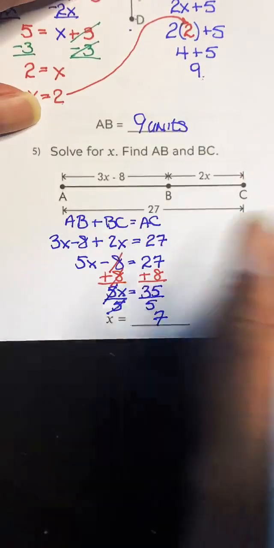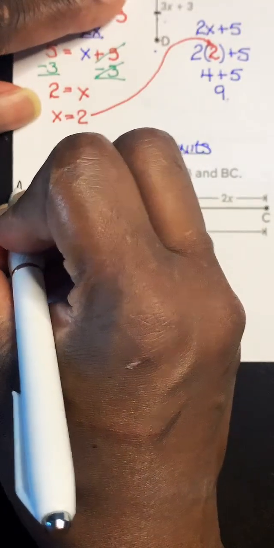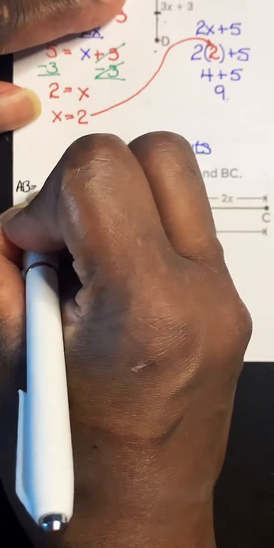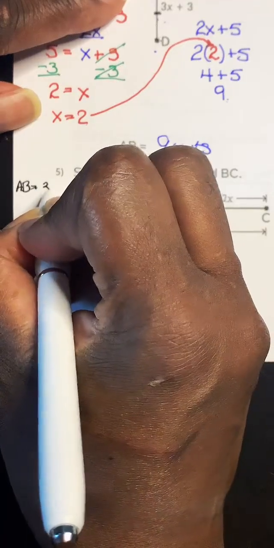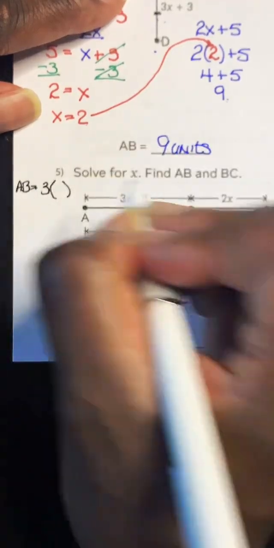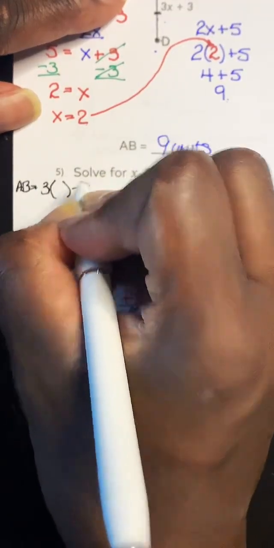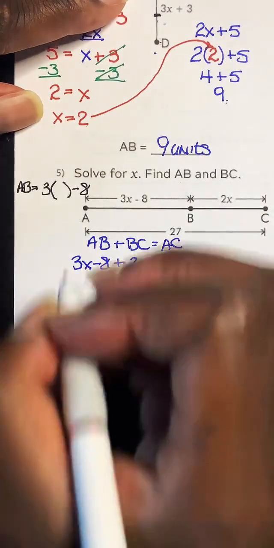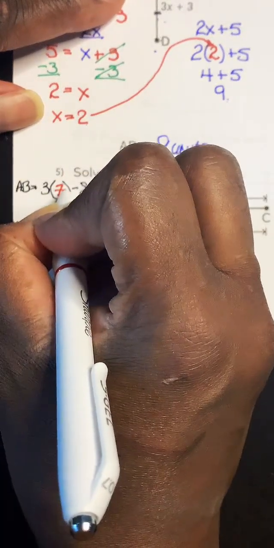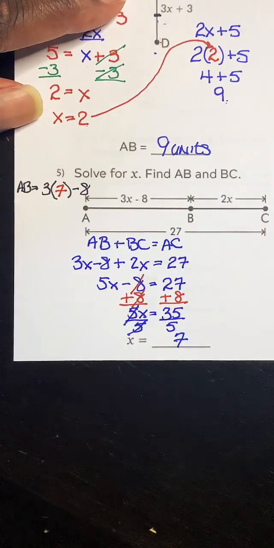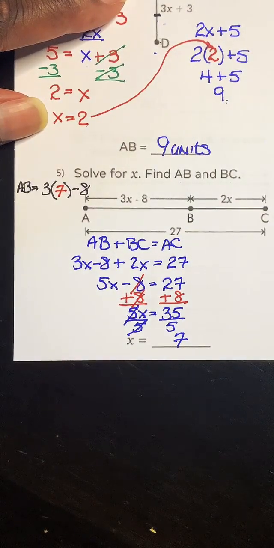So I know for AB, I'm going to put it up here. AB equals my 3 times 7 minus 8. Okay. So 3 times 7, that'll give you your 21.